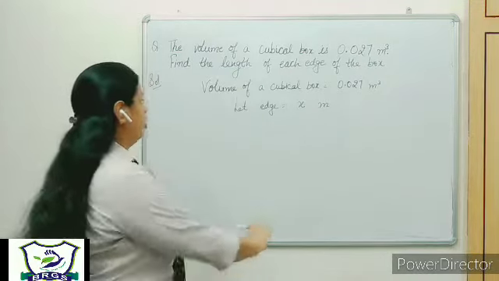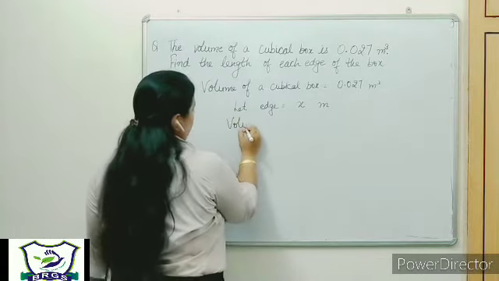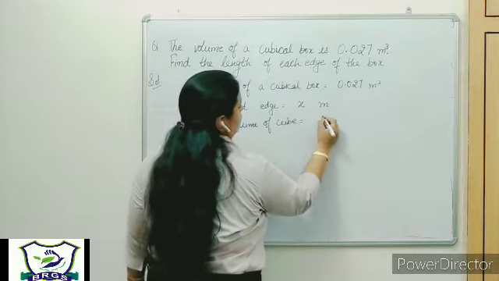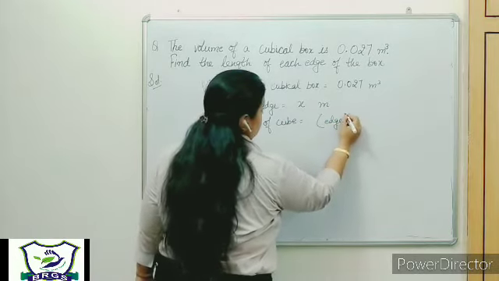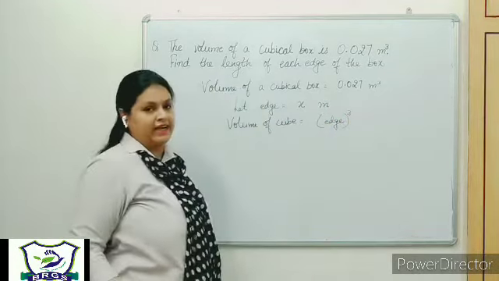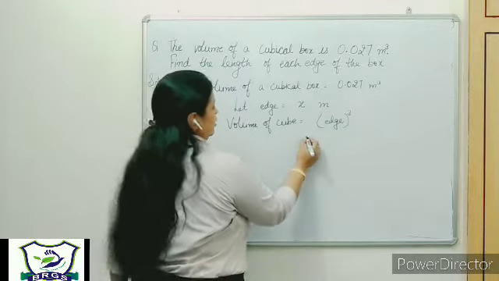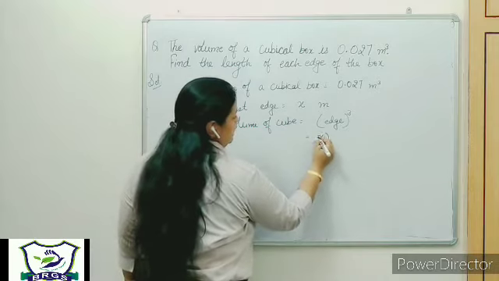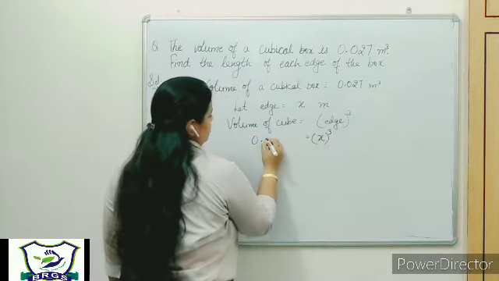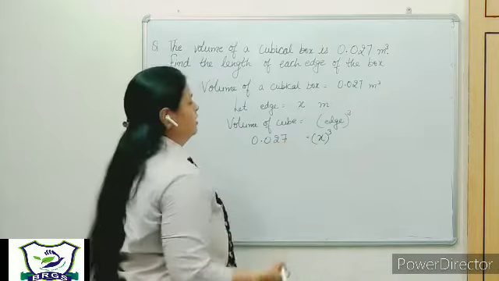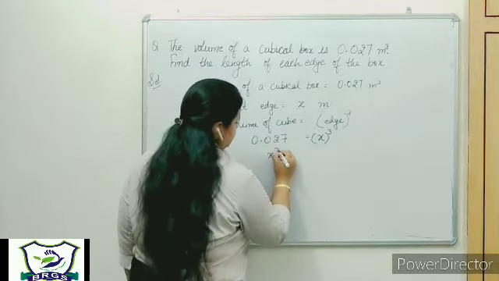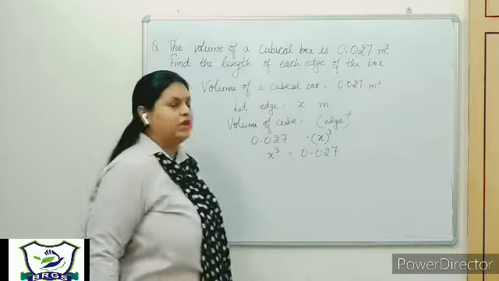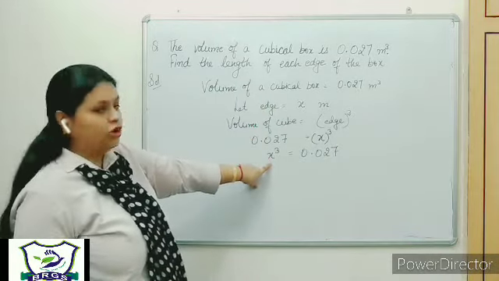Now the formula for the volume of a cube is edge cubed or side cubed. Therefore the volume of the cube is x cubed, and the volume given is 0.027. We can write x cubed is equal to 0.027.